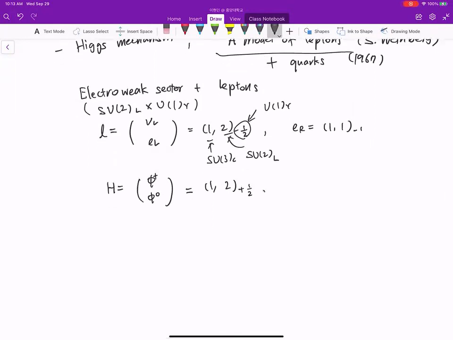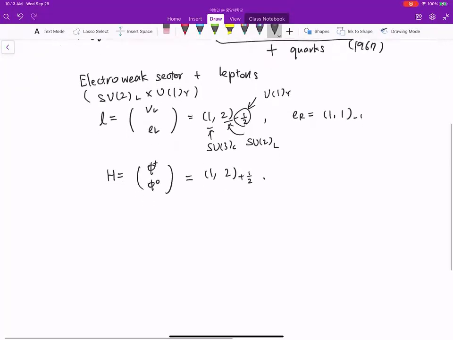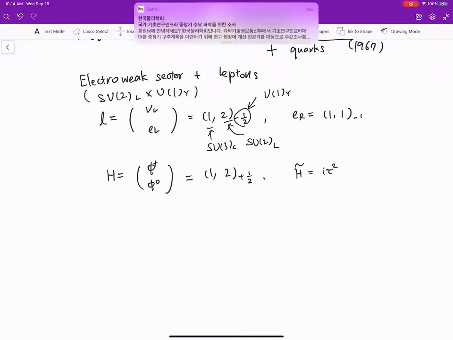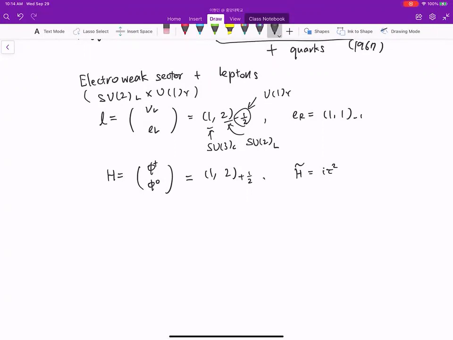And for leptons, there is no need for the conjugate of Higgs, but in order to give masses to quarks, you also need to take the complex conjugate of the Higgs doublet in this form.